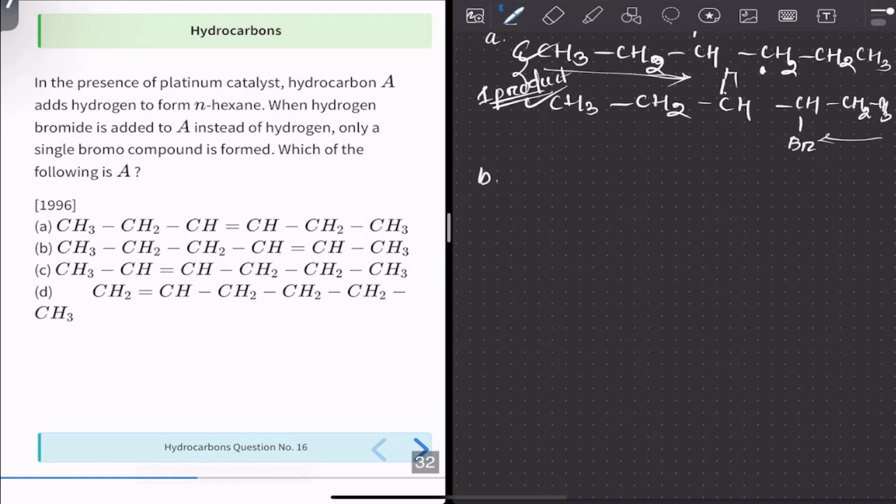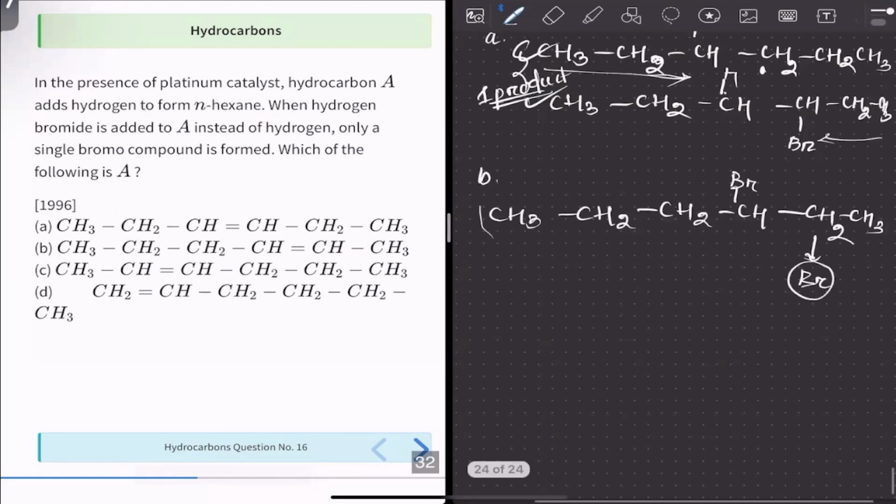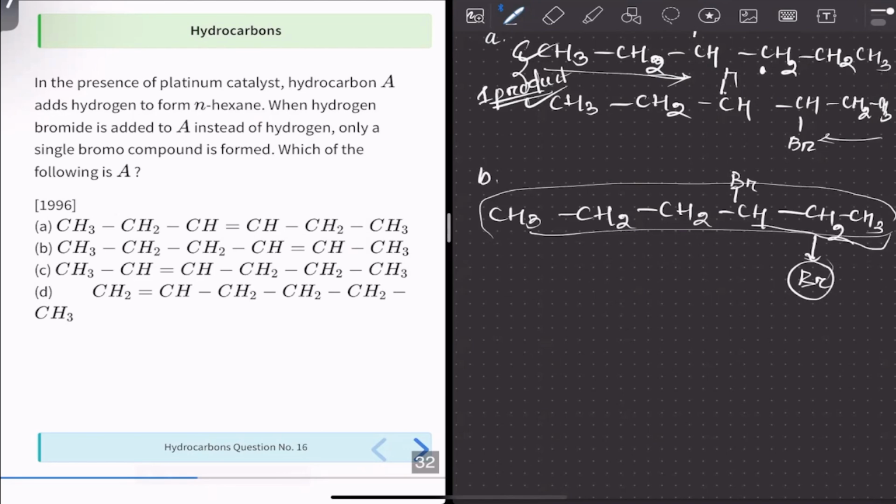Option B will produce n-hexane. So let's add HBr to it. It can produce bromine in this position, or it can produce bromine in this position. So it is a different compound if bromine attaches to this position.